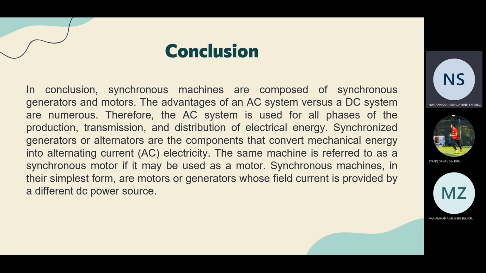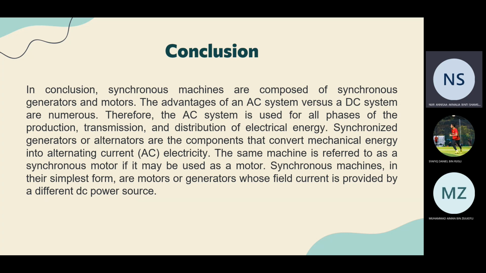For the conclusion, synchronous machines are composed of synchronous generators and motors. The advantages of an AC system versus a DC system are numerous. Therefore, the AC system is used for all phases of the production, transmission, and distribution of electrical energy.